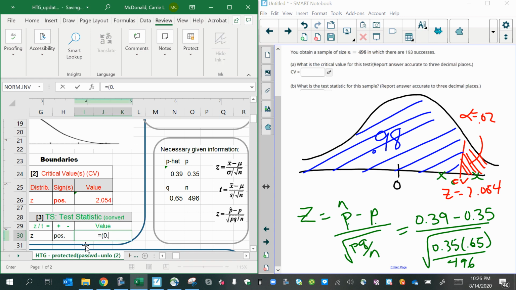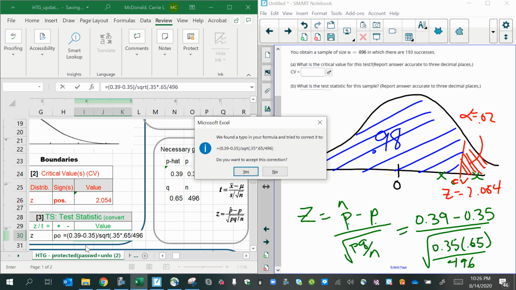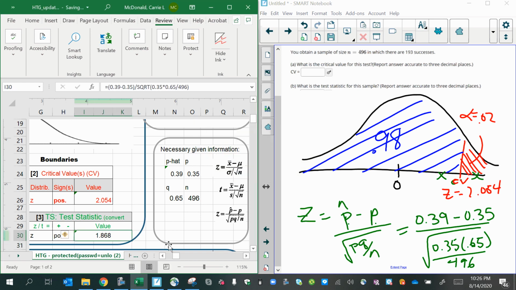So it's 0.39 minus 0.35 divided by the square root of 0.35 times 0.65 divided by N, 496. Make sure to close the parentheses so it doesn't yell at you. And then you have 1.868 as your test statistic.